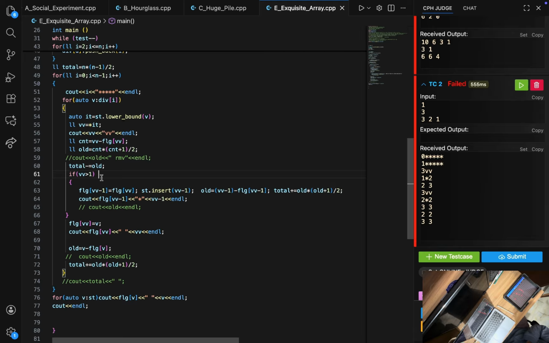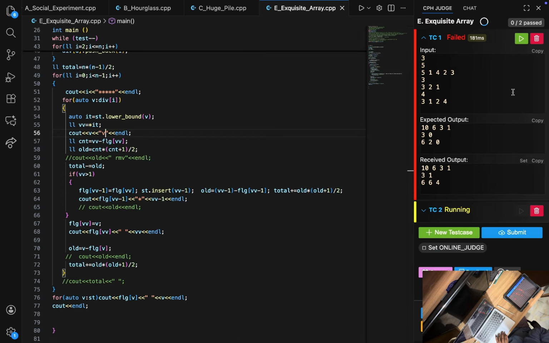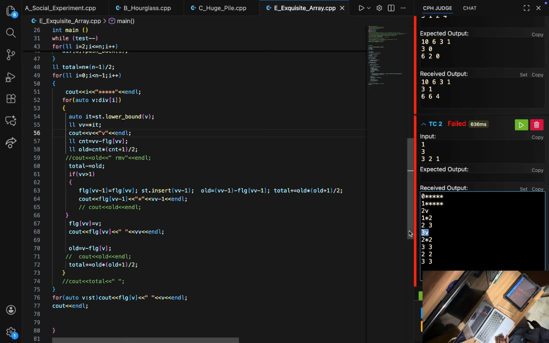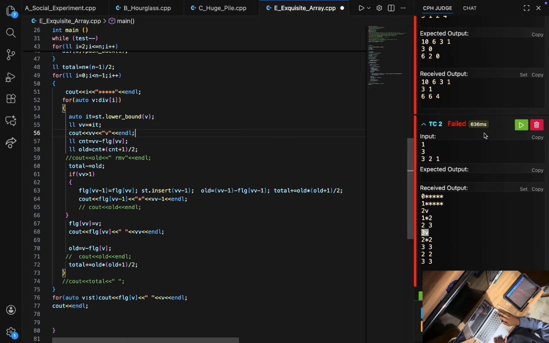I'm getting 3 at first. V equal to not V. I want to see the V. V equal to 2, V equal to 3. Makes sense. So working fine.